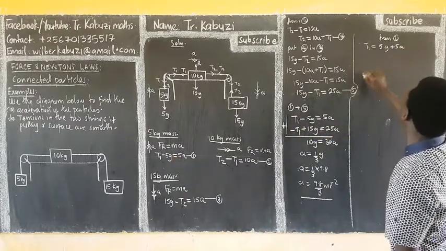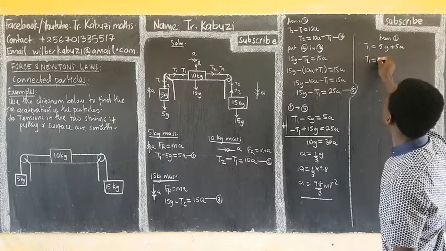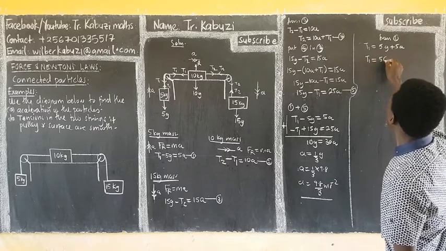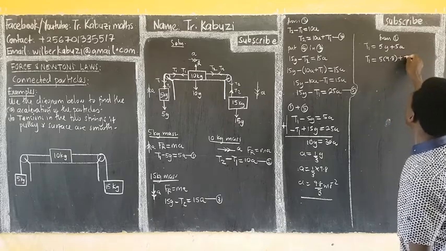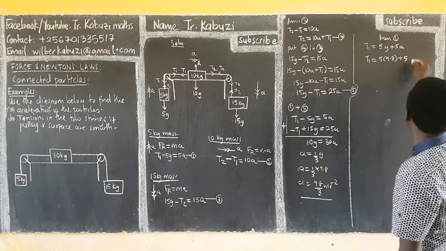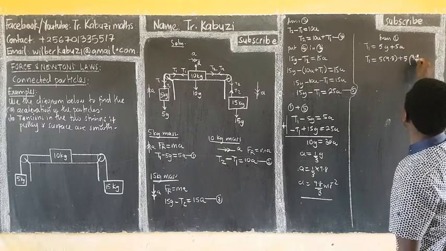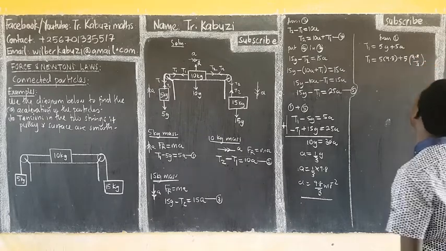So this one is going to be T1 equaling 5 into 9.8, the gravity, then plus 5 into our acceleration, which is 9.8 over 3.